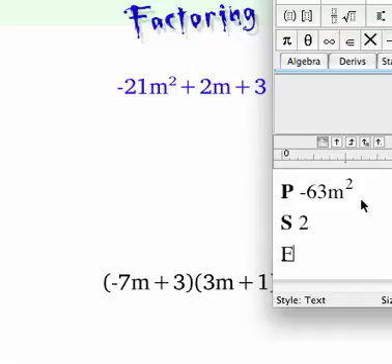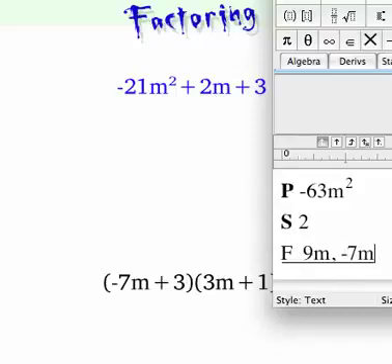And so what are those factors? That's the PSF. The factors of 63, that's pretty easy. That's going to be 9 and 7. They're negative, and the larger is positive. So that means 9m and -7m. They multiply to give a negative, and they add to give a positive, so the bigger of the two has to be positive.